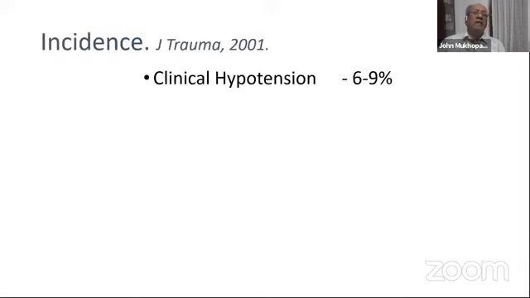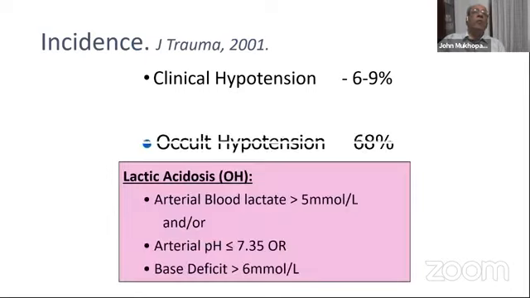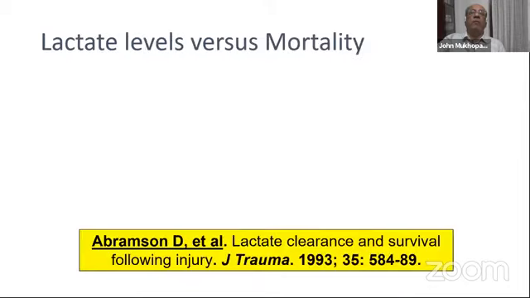Now, there have been a number of studies which show that the incidence of this occult hypoperfusion, or inadequate resuscitation, is much more common than the classical signs of shock in these polytrauma patients. If you look at lactic acidosis, lactate levels and the acidotic levels, you'll find a lot more patients who seem to have this condition of occult hypoperfusion.